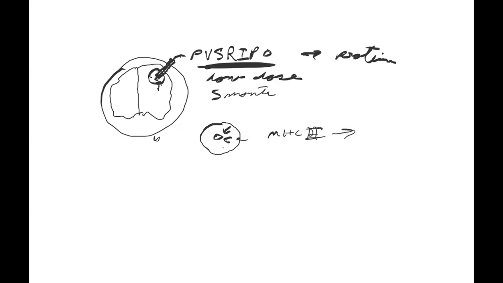MHC2, and then you're going to start building up antibodies. And then those antibodies are going to go in and start attacking the tumor. Okay, that's basically the idea.